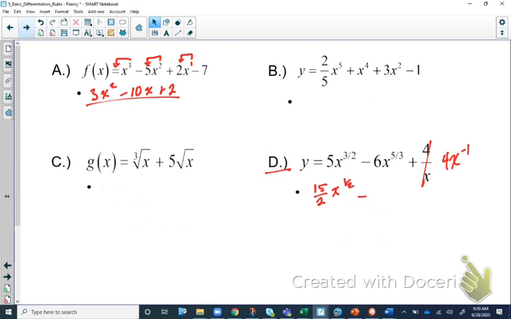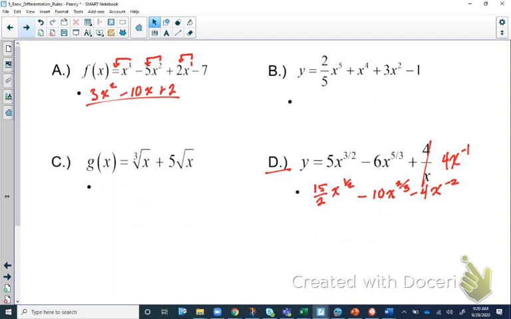And then negative 6 times the 5/3 exponent is going to give me negative 10, because that'll give me 30 over 3, so that simplifies to just negative 10. And then when I say 5/3 minus 1, that simplifies to an exponent of 2/3. And then the last one, positive 4 times the negative 1, will become negative 4x to the negative 2nd power.